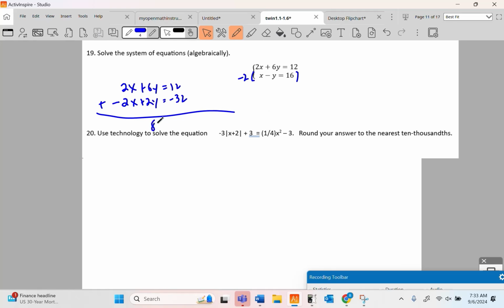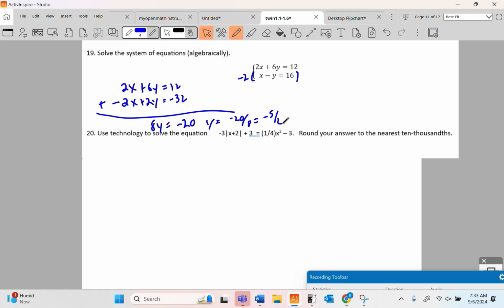6 and 2 makes 8. 12 and -32 makes -20. Really, fractions. I guess so. Well, good for me. We're going to divide out that 8, and we'll have -20 over 8, which is -10/4, which is -5/2.